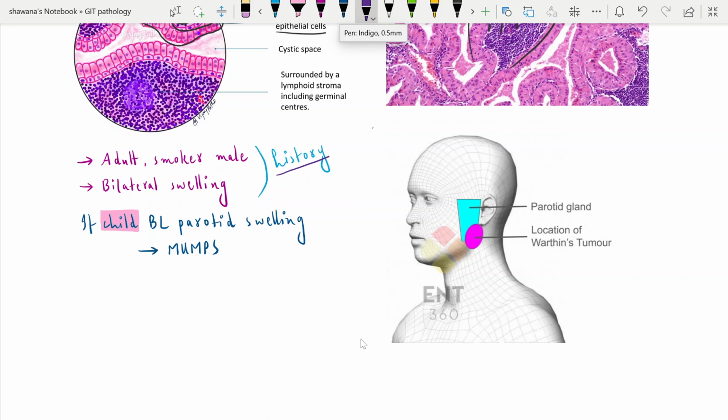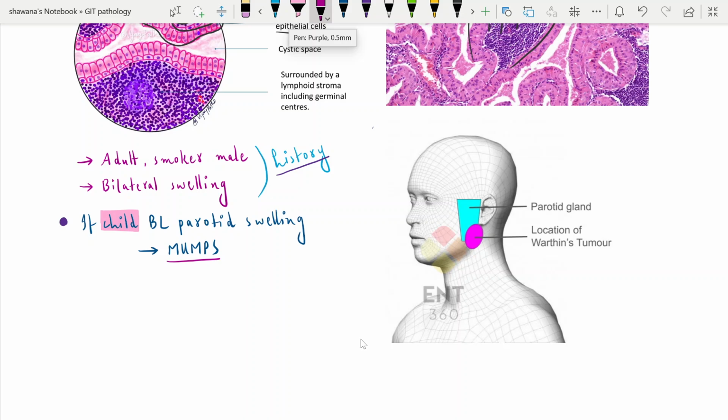Males are most likely to suffer from this tumor, and they would have bilateral swelling. Unilateral swelling can also occur, but bilateral is the most common. But if a child comes to you with bilateral swelling, it's not Warthin's tumor, it is the microbial disease, mumps. Okay, it's an infectious disease. It's mumps. Don't confuse it with Warthin's tumor.